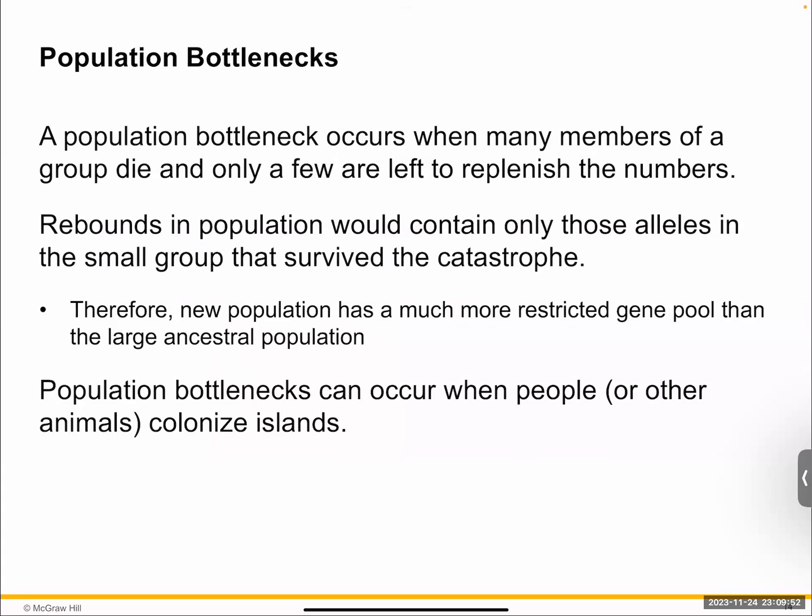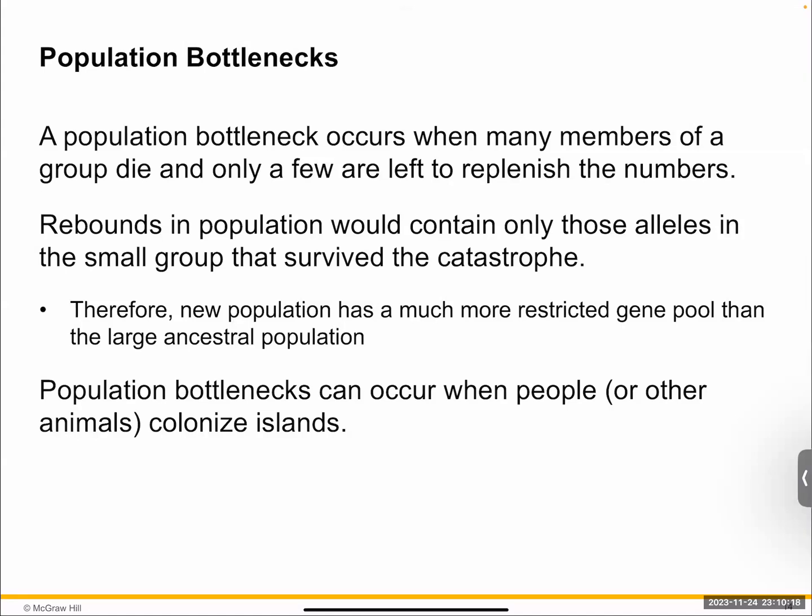The bottleneck is another concept that, again, leads to the concept of genetic drift. As the word bottleneck implies, you have a narrowing of the population passing certain characteristics to their offspring, depending on their environment and the changes in the environment.